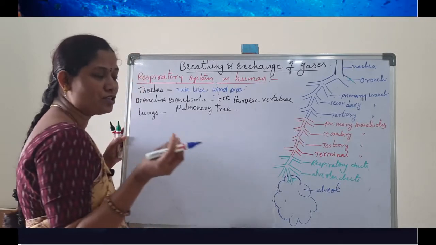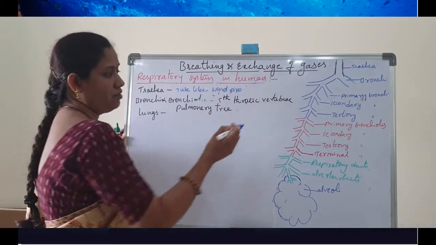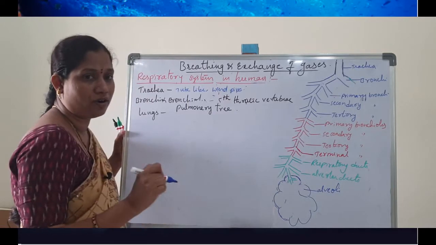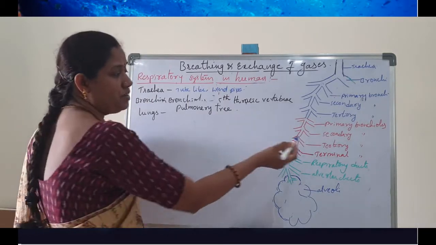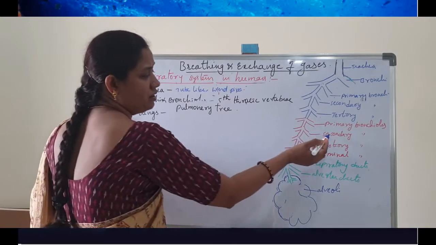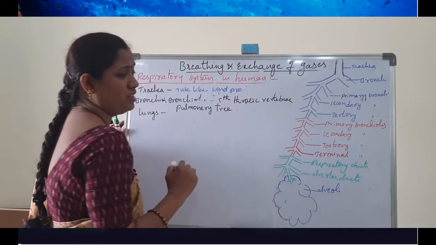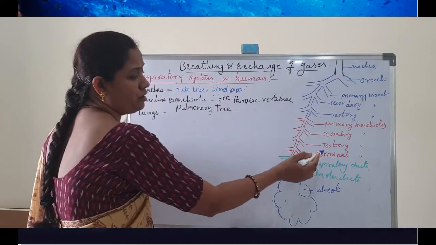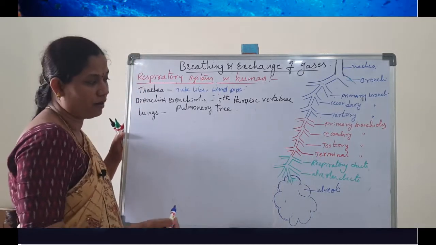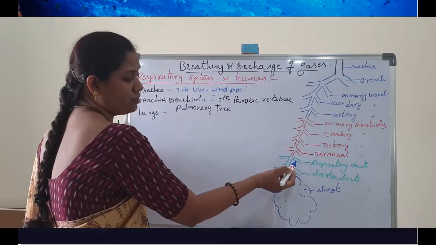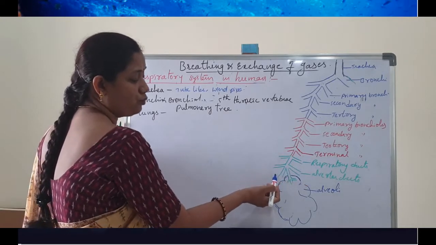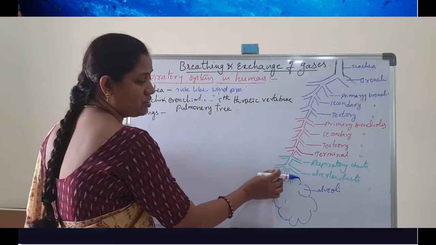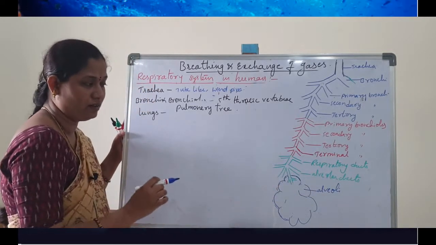Then the tertiary bronchi further divide into small tubule-like structures, called primary bronchioles. Primary bronchioles divide to form secondary bronchioles, then tertiary bronchioles, then terminal bronchioles. Terminal bronchioles divide into respiratory ducts, which form many branches called alveolar ducts.